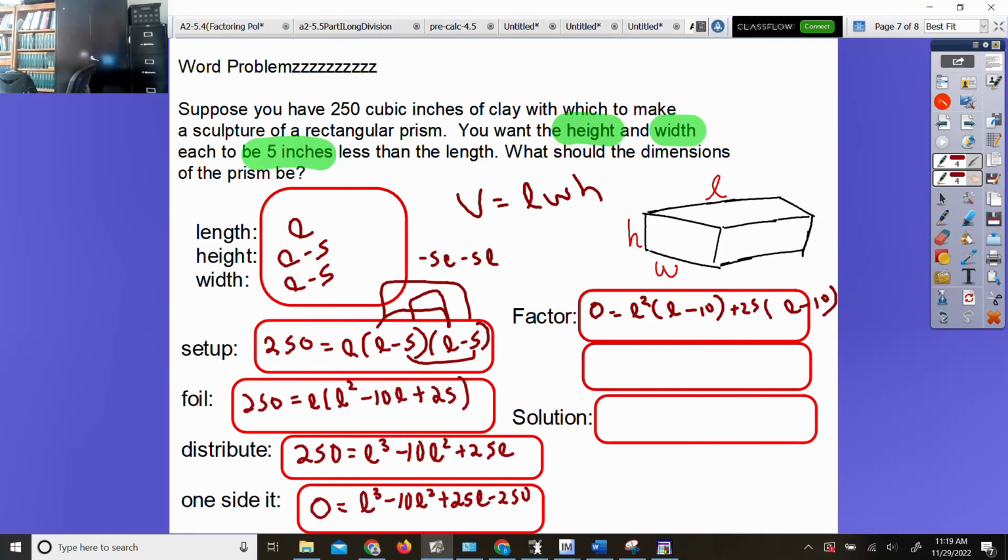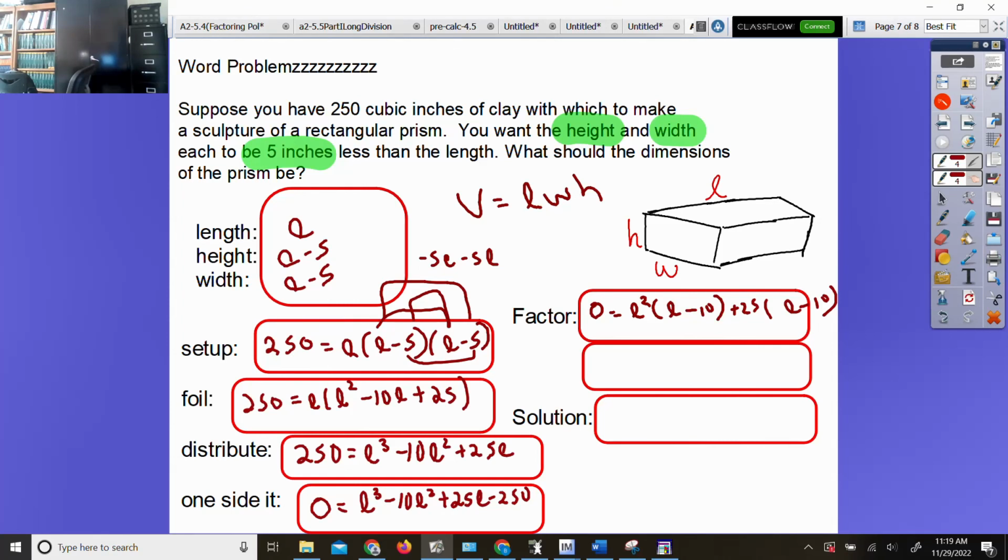I left 2 blanks here because factoring by grouping is always done in 2 steps. Lots of kids think they can factor by grouping in 1 step. They can't. It's a multi-step process.